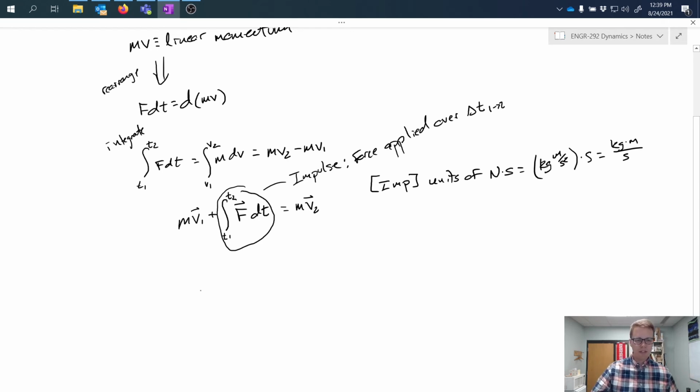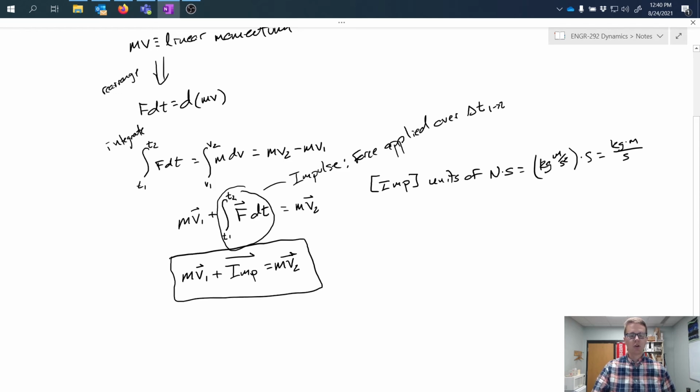So I'm going to rewrite this equation using that notation: mv1 plus impulse, which is itself a vector, equals mv2. And this vector notation tells us that we can express this equation in Cartesian coordinates or whatever coordinate system we have to use in order to put this all together.